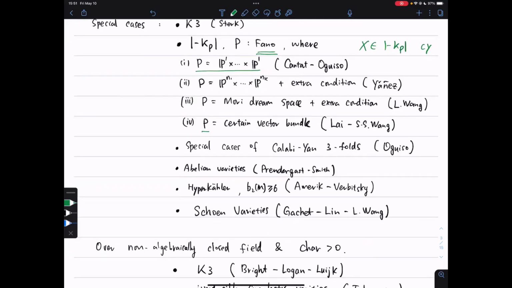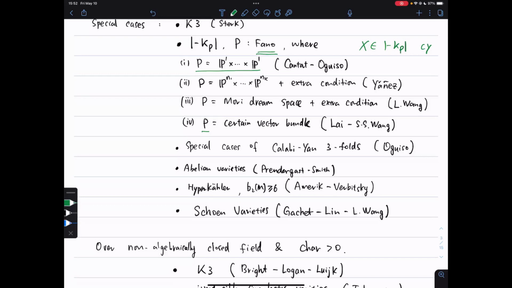Also, the result is known for abelian varieties in any dimension, and for hyperkähler varieties with some restrictions. But in this case, the cone is slightly different. So this is a version not very compatible with the birational result, because their choice of cone is not exactly the same as what I mentioned before, or what people desired.